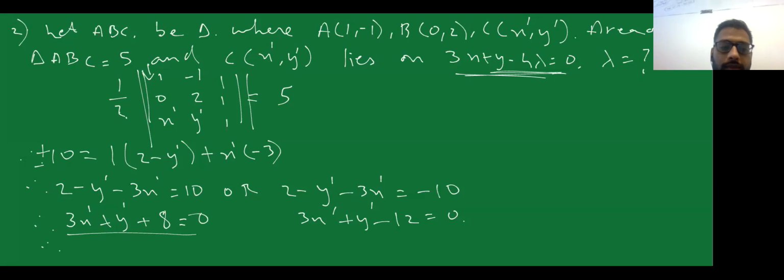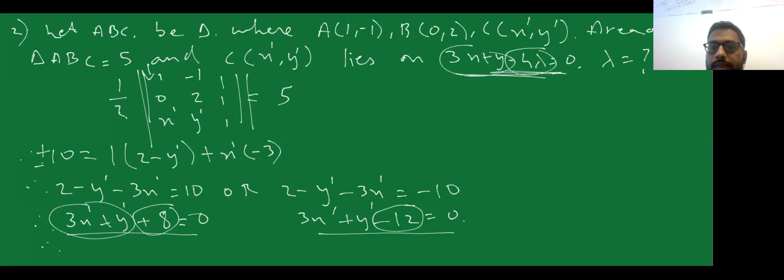And we have got the two lines as this. So for the value of lambda, just compare this. Your first parts are 3x plus y. This part is minus 4 lambda. And over here I have 8. Over here I have minus 12. So simply, my 4 lambda from this first equation should be equal to 8, which gives me lambda is equal to minus 2.